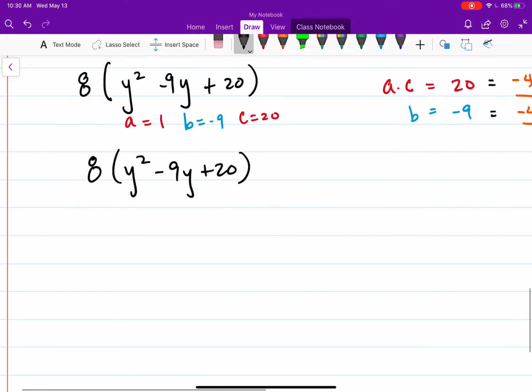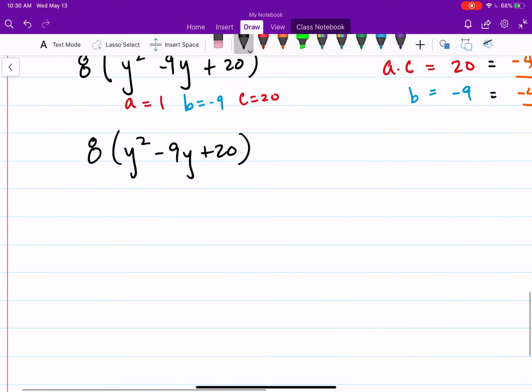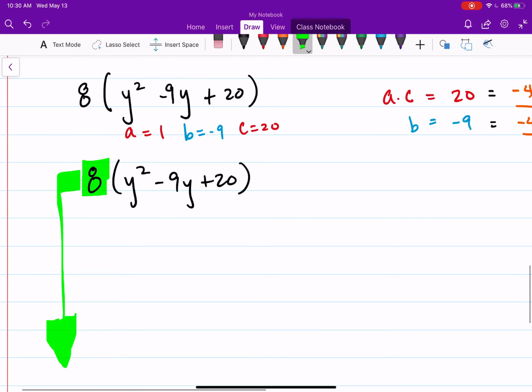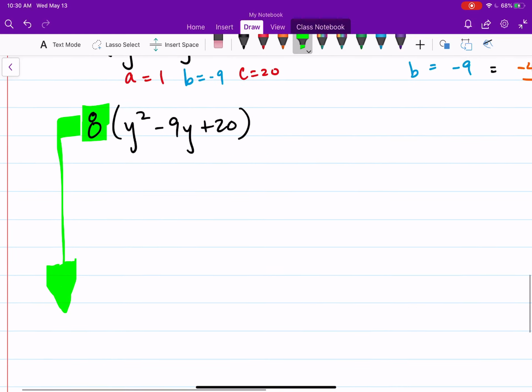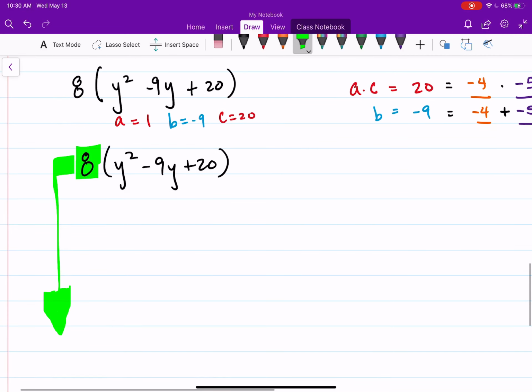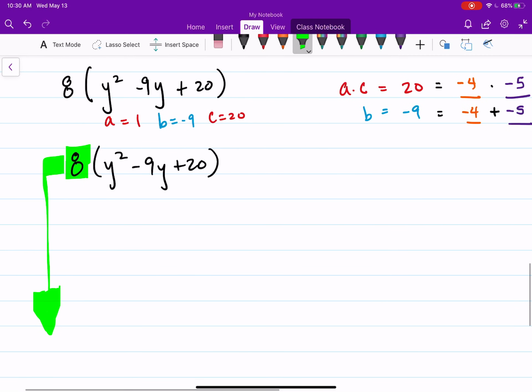So the 8 right here can just stand alone and wait until the very end. That has to be part of my answer, but we don't have to keep carrying it down. When I split the middle term, I'm just splitting the middle term in terms of what's left.